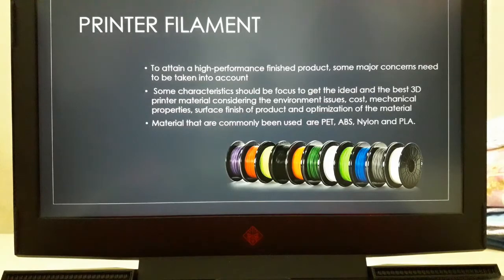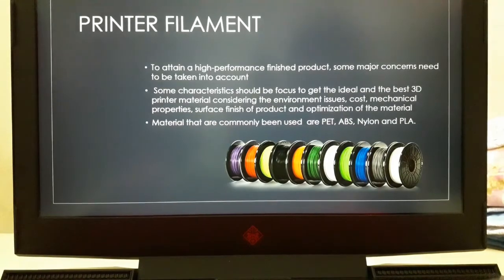Basically, the materials that are commonly used are PET, ABS, nylon, and PLA. And these materials are currently sold by traders, and we can buy them conveniently in the nearest store.